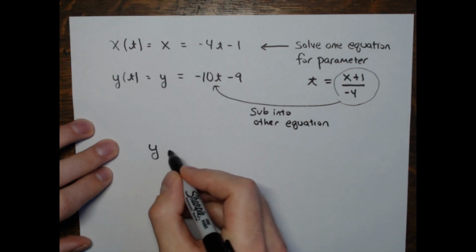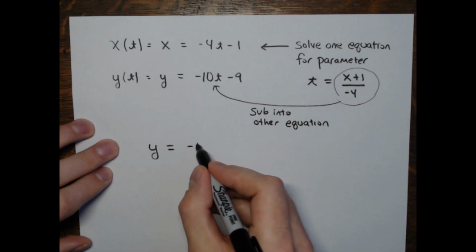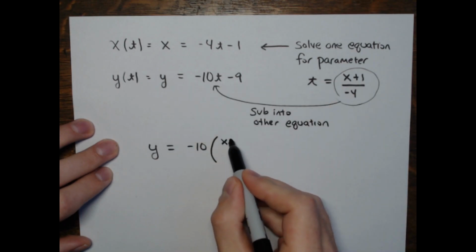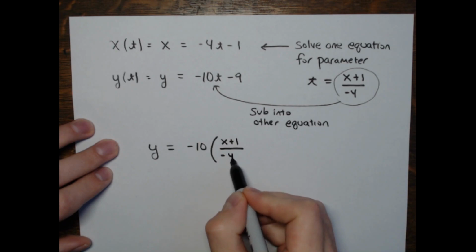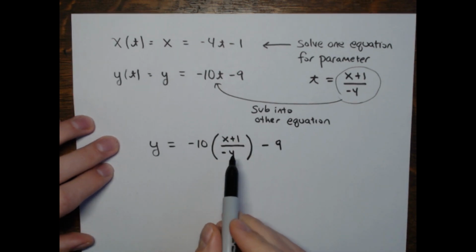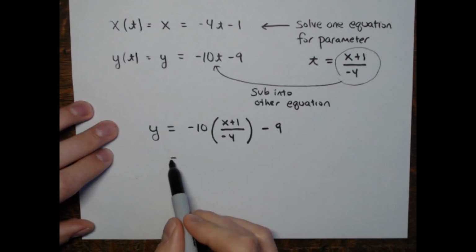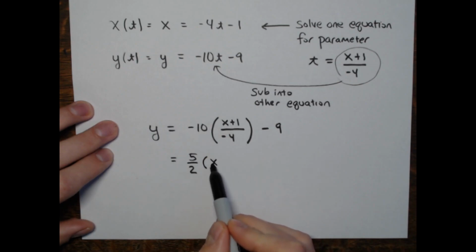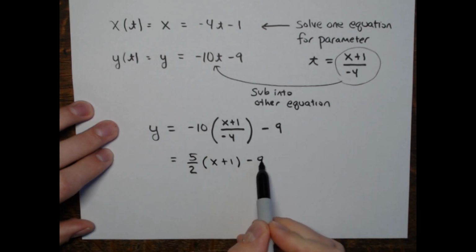So now you have y equals -10 times x plus 1 divided by -4, and then -9 after. Now, of course, I'm going to simplify this. -10 over -4 is positive 5 halves when you reduce it, times the quantity x plus 1, minus 9.